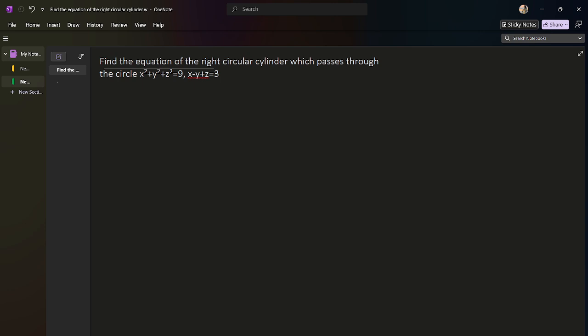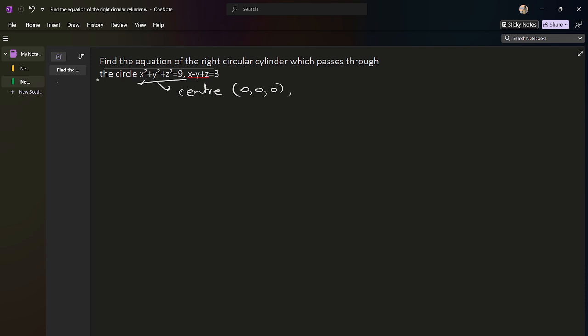Now we have to identify the center and the radius of the given sphere first. The equation of the sphere is this, and we can easily see that the center of the sphere is this.